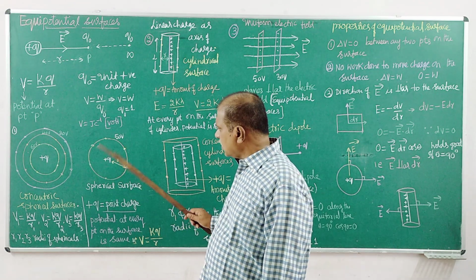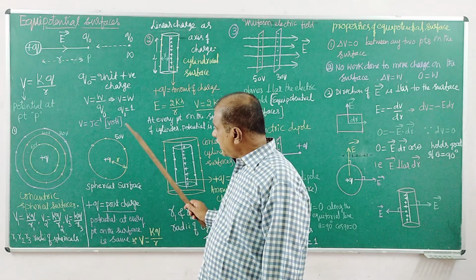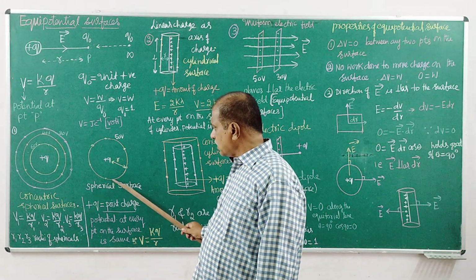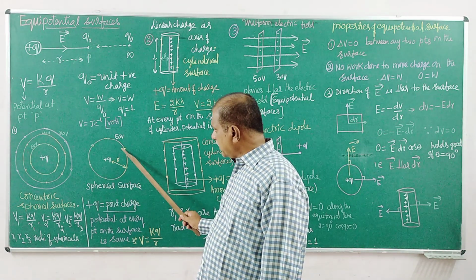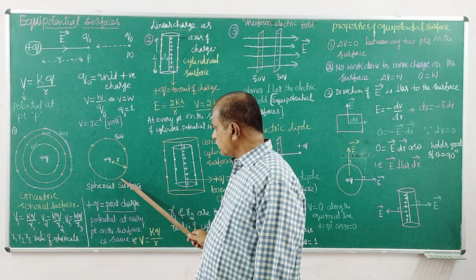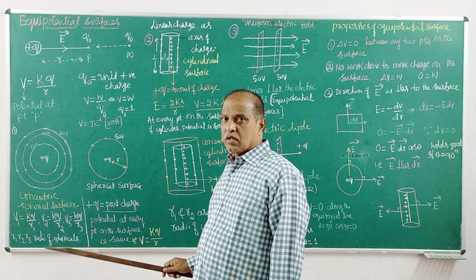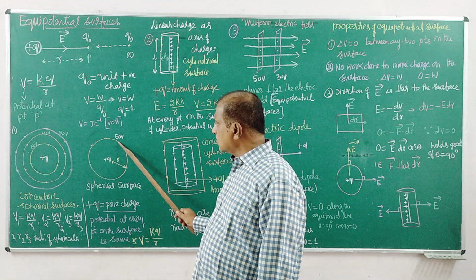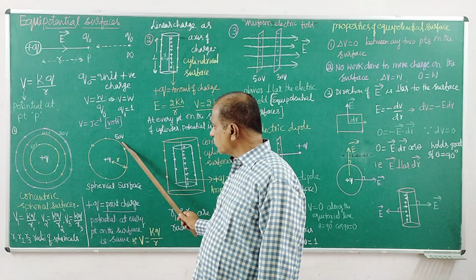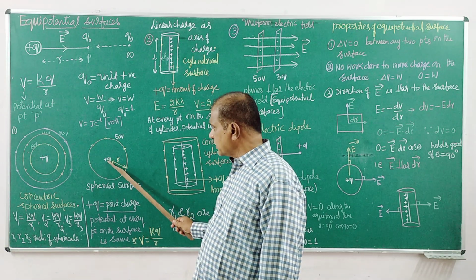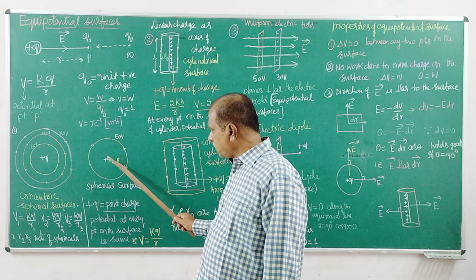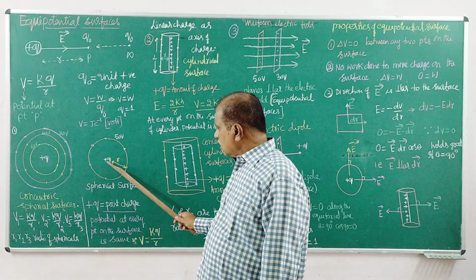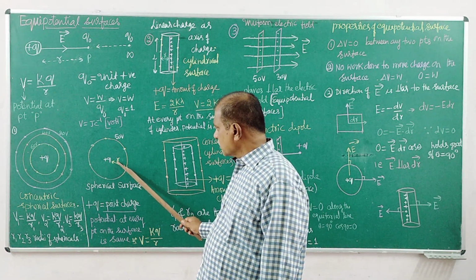Observe, after drawing this diagram, a spherical surface about this center, you take any point on the surface, any point on the surface. All points have the same distance from the center point, and that is r distance.